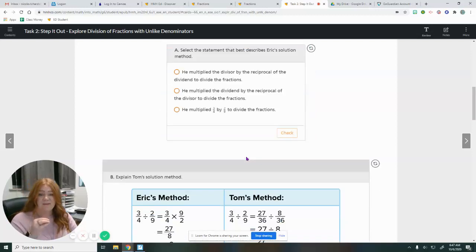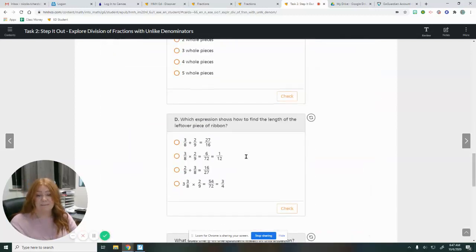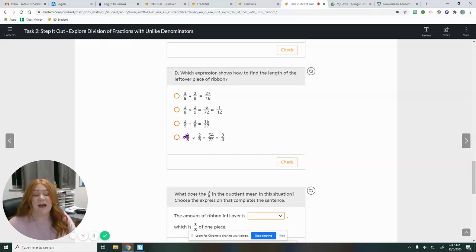And that word of means to multiply. 3/8 of 2/9. We're going to multiply 3/8 times 2/9 here. He doesn't just have 3/8 left over. He's got 3/8 of the 2/9 ribbon, which means he only has 1/12 left.